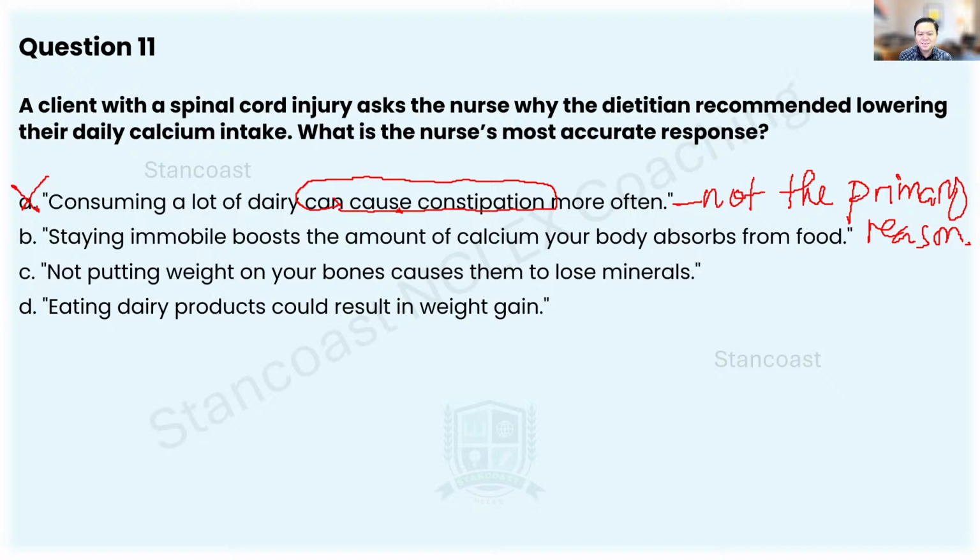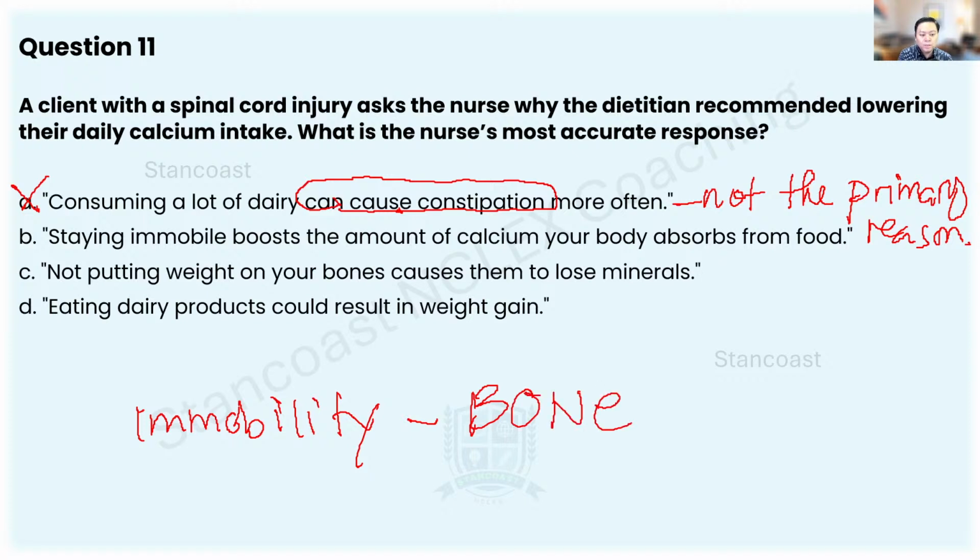Will it? No, there's not going to be increased calcium absorption from the intestines. Actually, the patient's immobility can lead to release of calcium from the bones. Immobility can cause what? Bone resorption, wherein the bone is going to end up demineralizing.